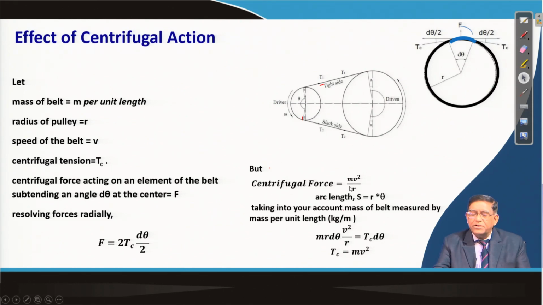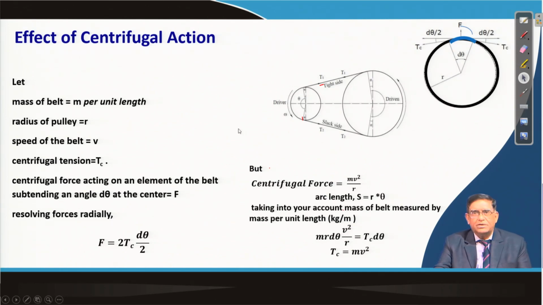Then our centrifugal force, as we know, is mv square by r. Here the arc length is given by r into theta. So from here, with a little bit of calculation, you can find that the centrifugal tension is nothing but mv square. This is a very common equation, you might have done it in your earlier classes.